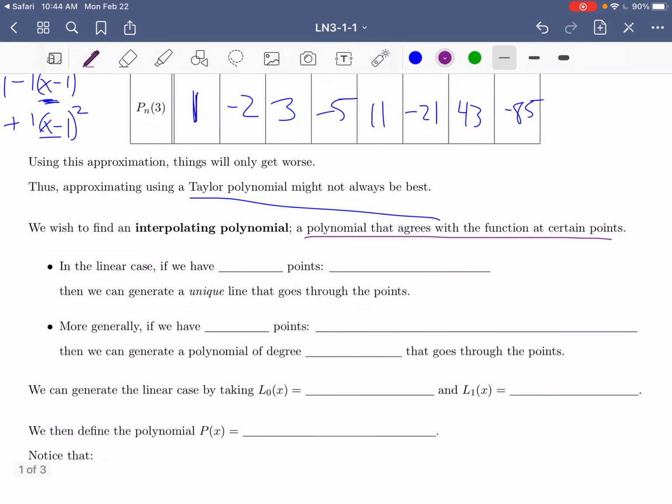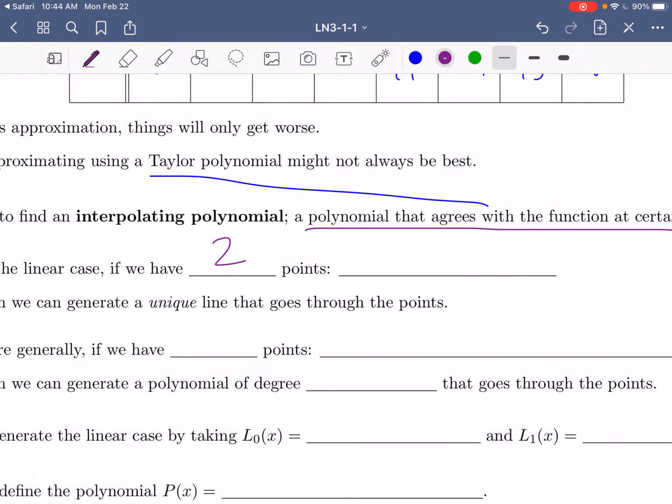So in a linear case, if we are going to define a line, we need to have two different points. Those two different points, we will call those points x0, comma f of x0. And then the second point we will call x1, f of x1.